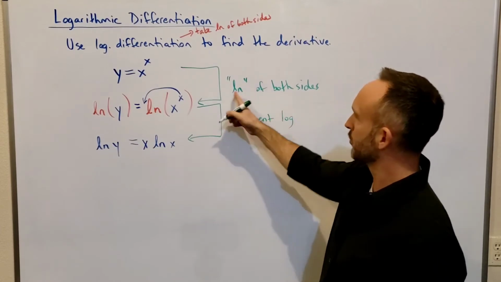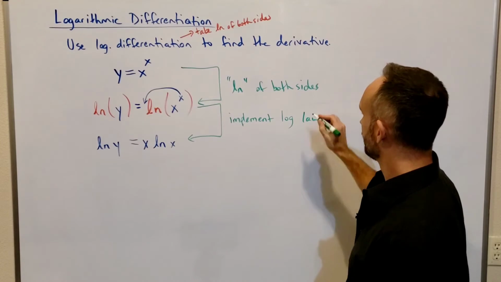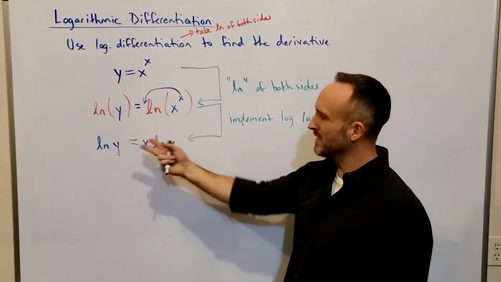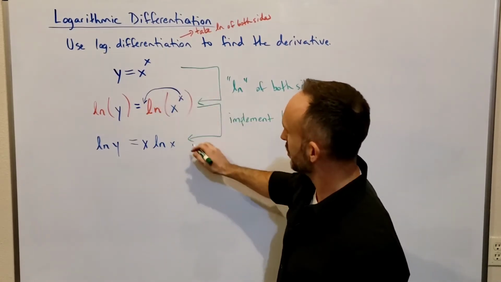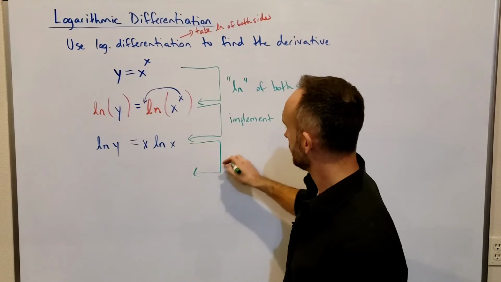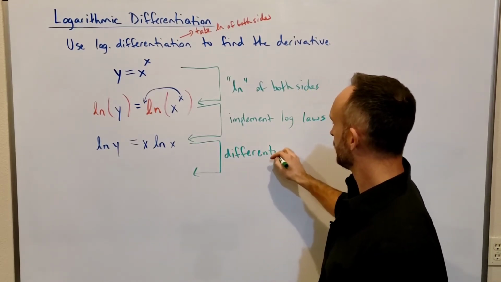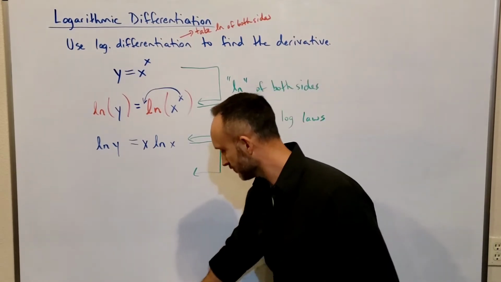Now that you've got a logarithm, use the log laws. And we've done that. After you've rewritten the equation using those two concepts, the next step is you're going to differentiate. Okay, so let's see what happens here.